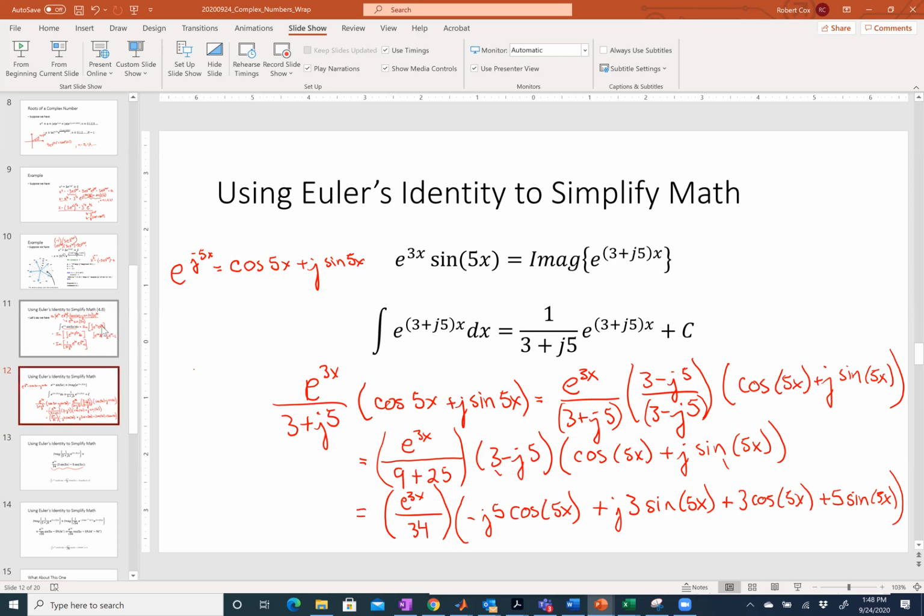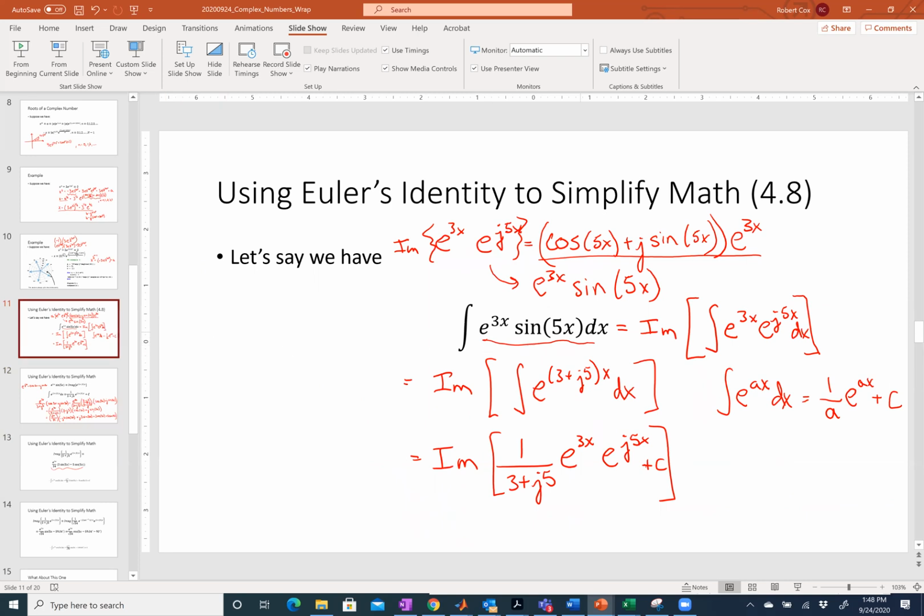Okay. So what we said at the very beginning of the problem is that I took this integral and I realized that the thing I'm integrating, the integrand, e to the 3x sine 5x, is the imaginary part of e to the 3x times e to the j5x. So I can compute the integral of this complex thing and then take the imaginary part of whatever the result is.